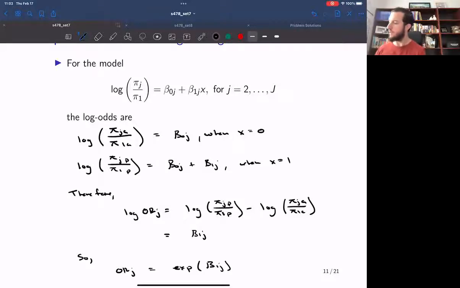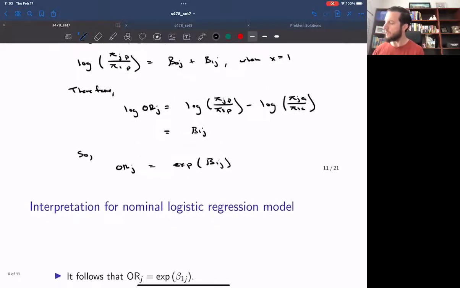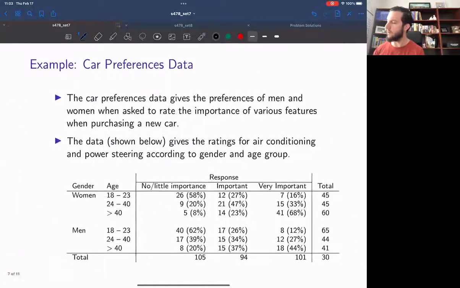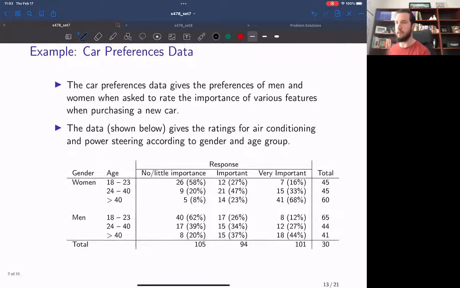So to demonstrate this particular model, we are going to use this car preferences data set. Okay, and we're going to see this data set in 2 different situations today. The one that we are currently discussing, and a situation where we treat the response variable as an ordinal quantity, which I think in this particular case you can argue pretty easily it actually is, but it works well for demonstrating the nominal model as well.